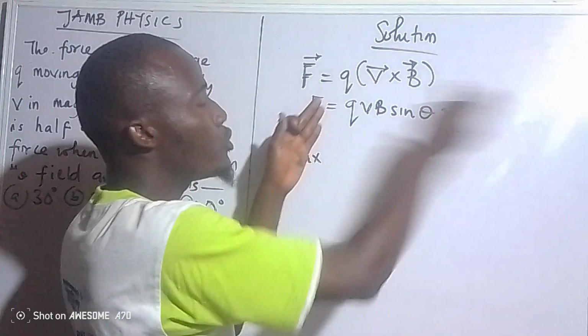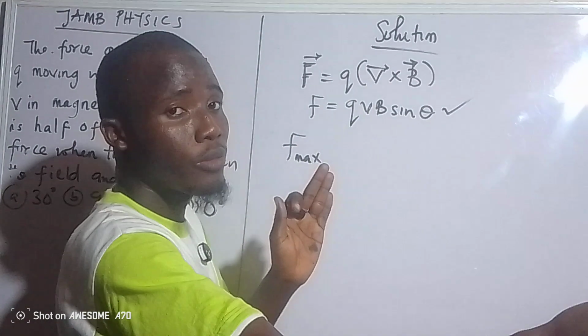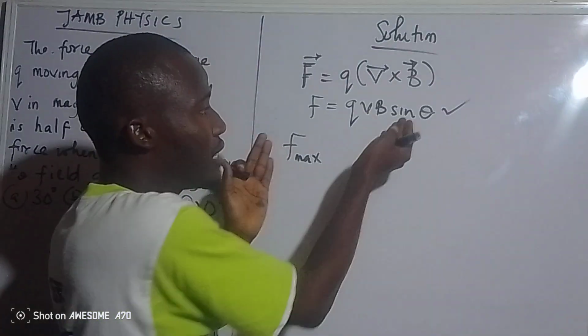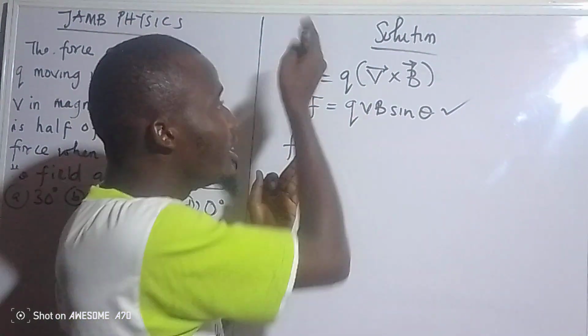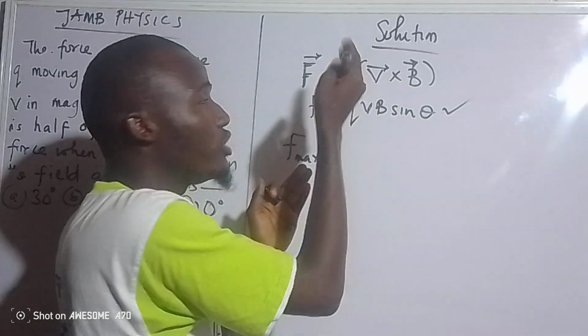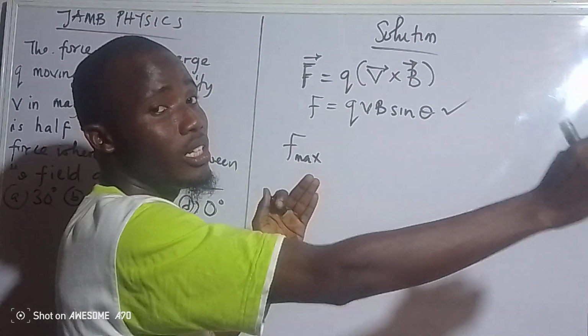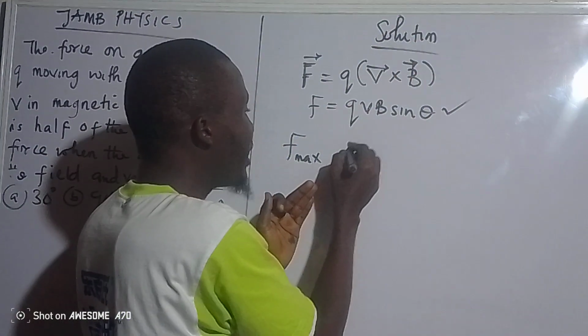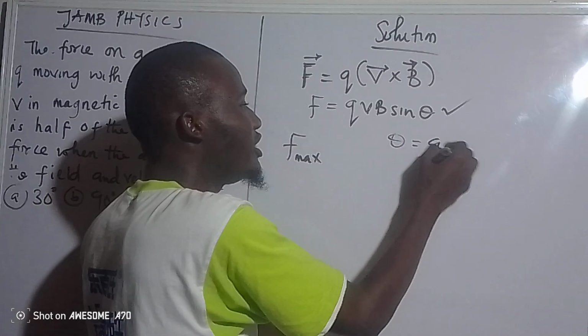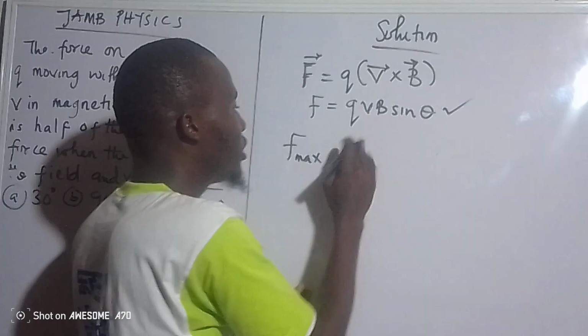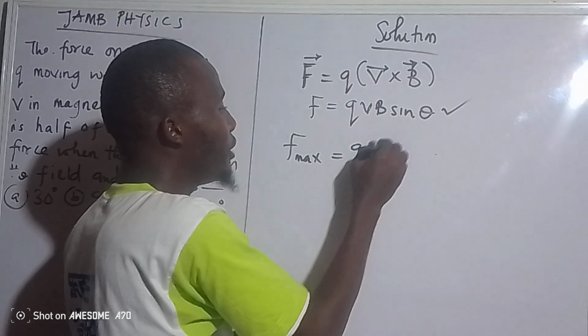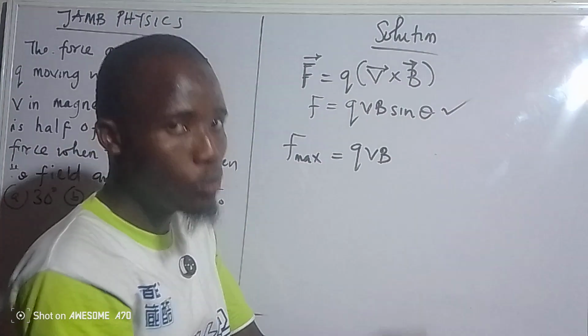When it moves parallel to the field, that means the angle is 0. So in that case, there will be no force. Sine 0 is 0. So the maximum force is experienced only when the charge moves perpendicular to the field. That is, the maximum force is when theta is 90 degrees. So putting 90 degrees here, our maximum force is just QVB because sine 90 is 1.